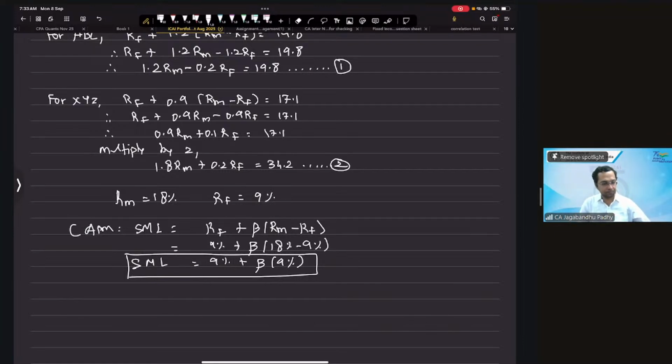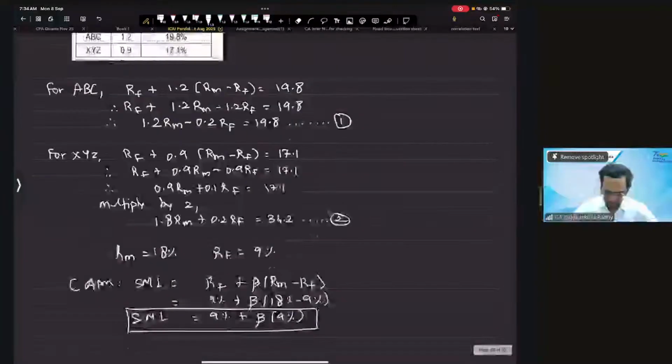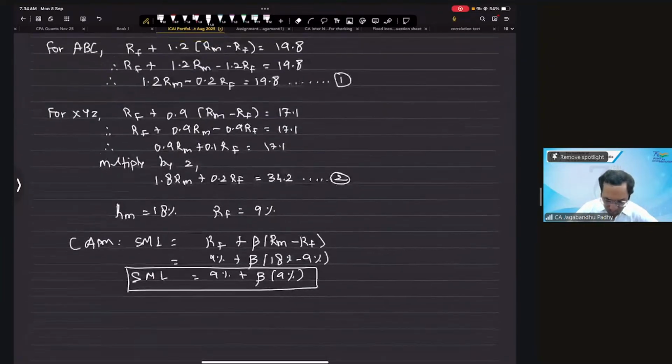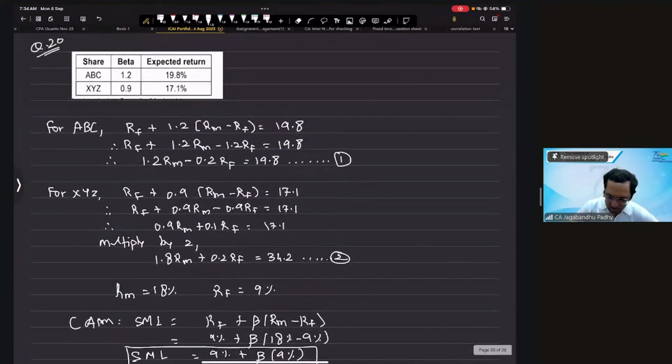Is it fine? Okay. Question number 20 is done. We don't have to find beta in this question, because beta is dependent on the company.